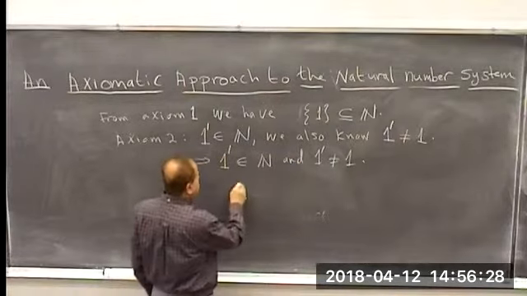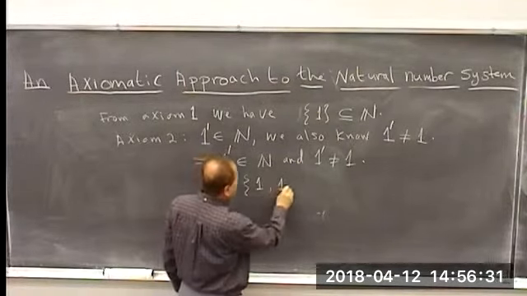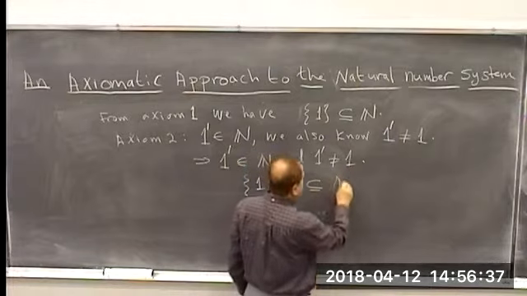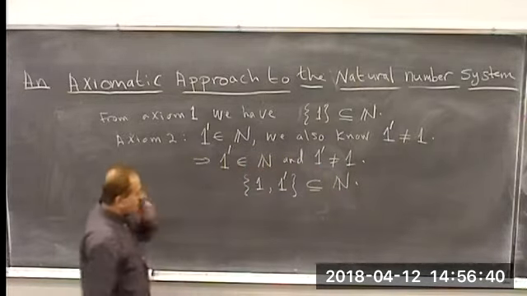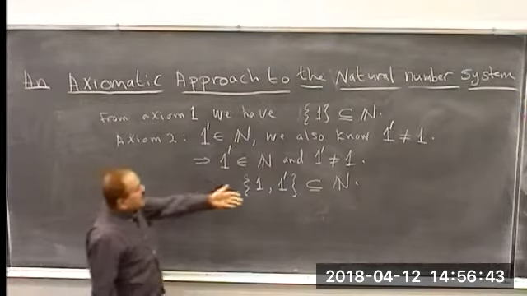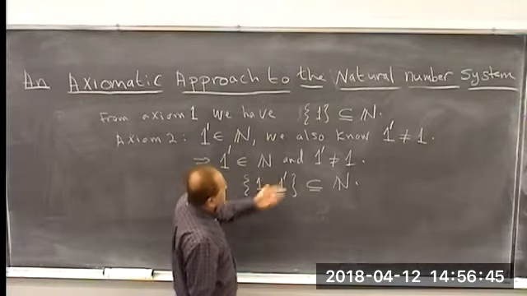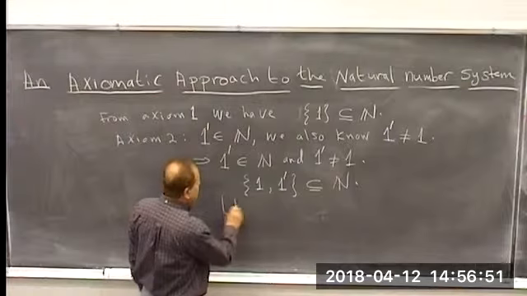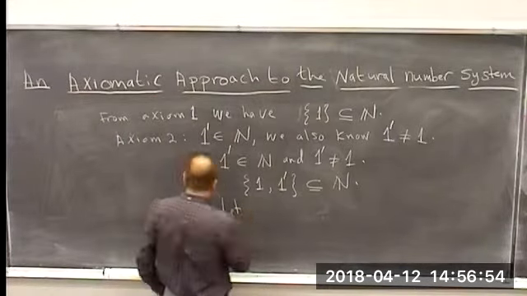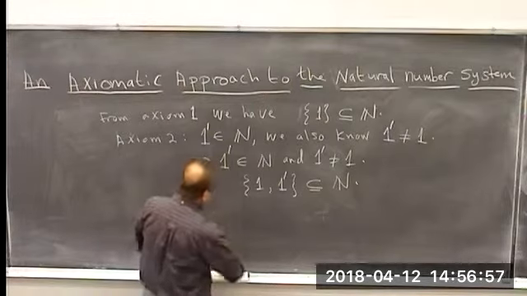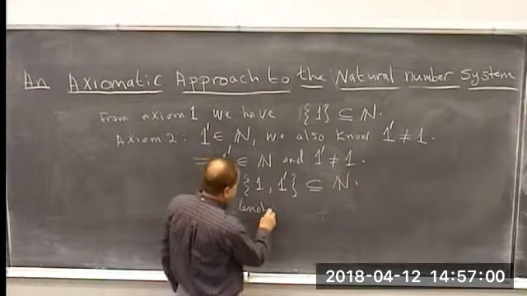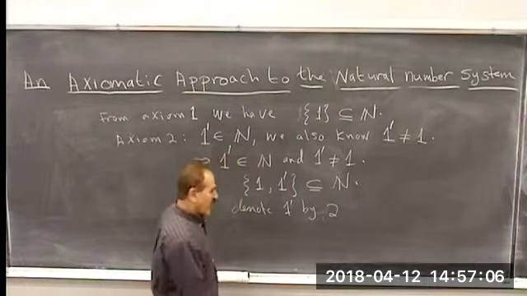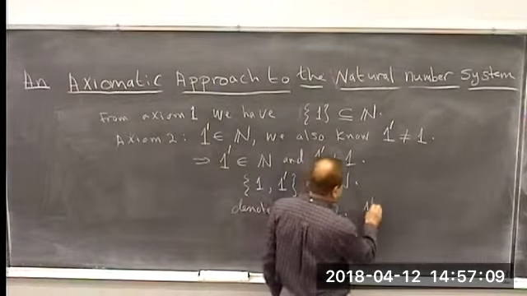So so far, we have 1 and 1 prime contained in N. We can use another symbol to denote the successor of 1. So we're going to denote 1 prime by 2. In other words, we set 1 prime equal to 2.